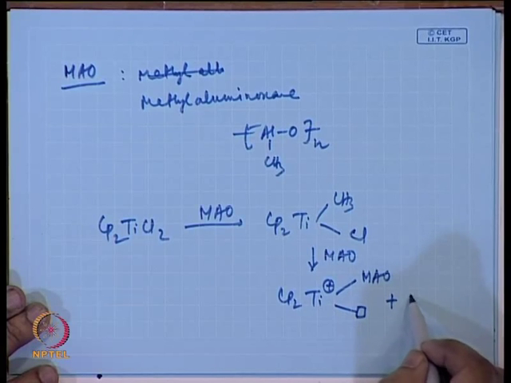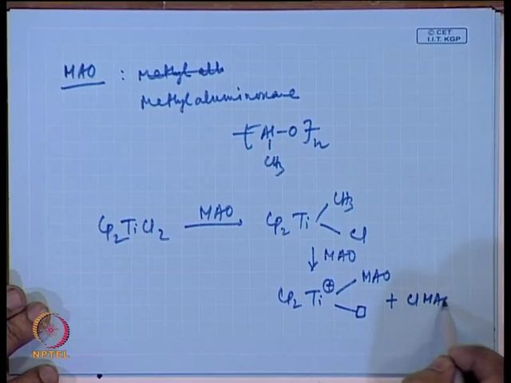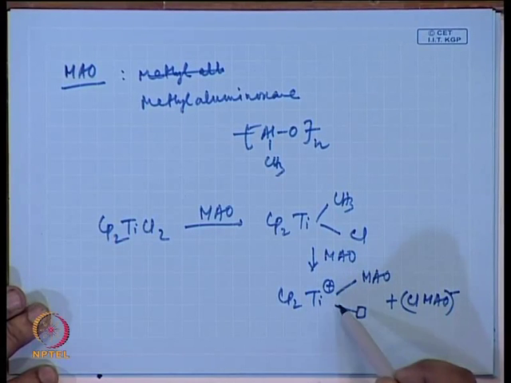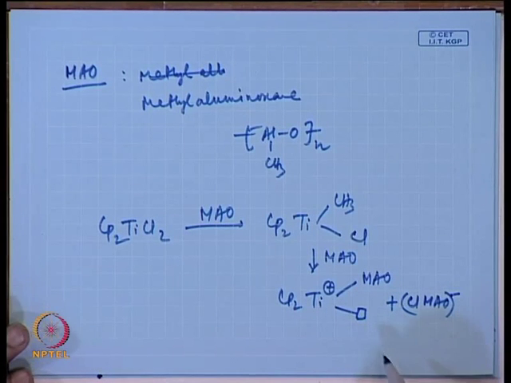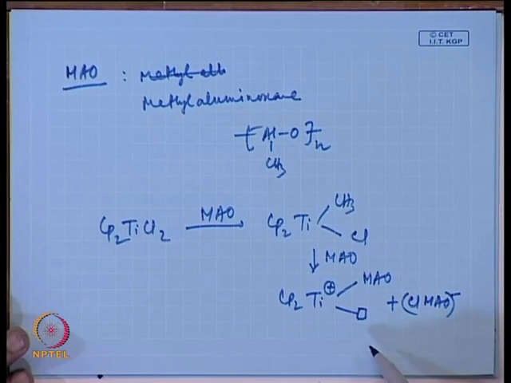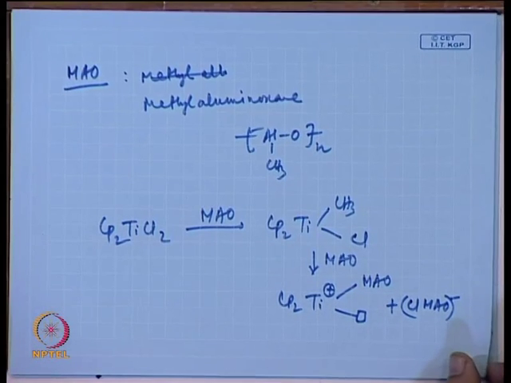The rest of the mechanism is the same as we discussed in the case of Ziegler-Natta polymerization, like the insertion of monomer molecules. So, the rest of the propagation steps follow a similar mechanism as in Ziegler-Natta polymerization.